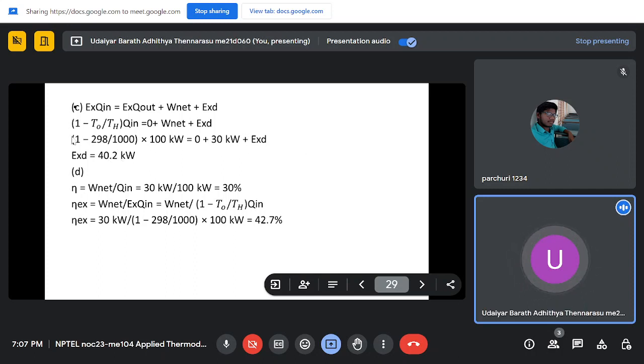That is what this equation is saying. That amount of work which you could have extracted is lost because of irreversibility.